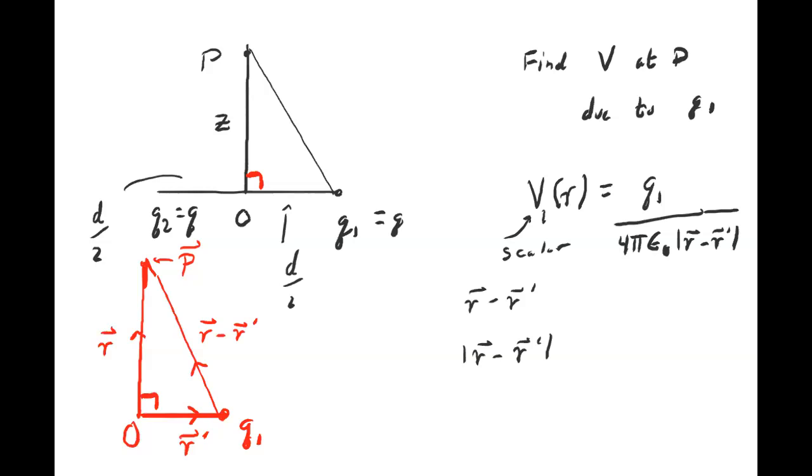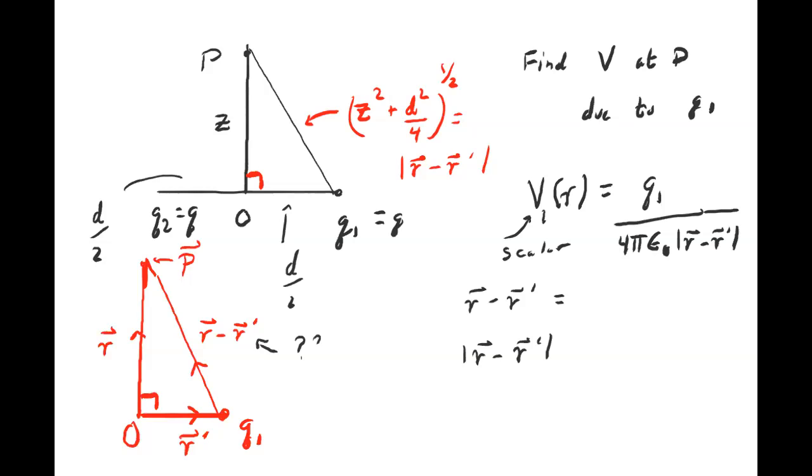And if you look at this diagram, z squared plus d squared over 4 taken to the 1/2 power is exactly the magnitude of R minus R prime. So you're good to go. You just have to write this out. What is this vector, R minus R prime?